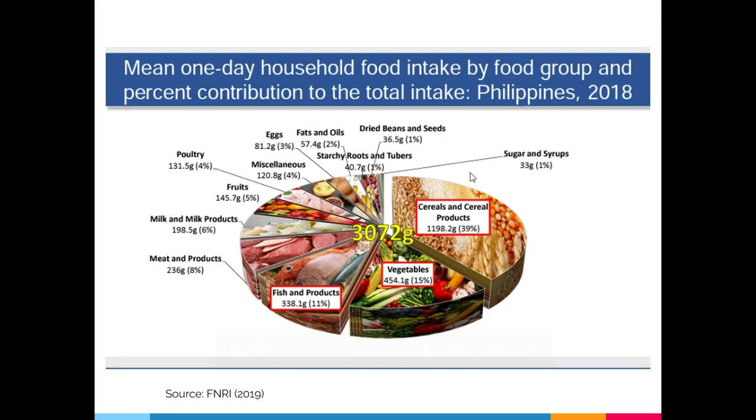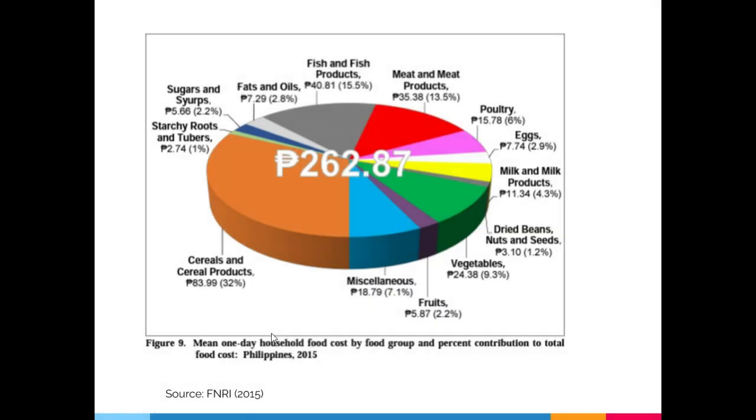Kaning National Nutrition Survey is a 5-year survey on nutrition, conducted by the Food and Nutrition Research Institute of the Department of Science and Technology. So, in 2015, mao ning findings sa survey, in 2015, gamay ra ang vegetables kay 9.3% lang sa diet, di ba?